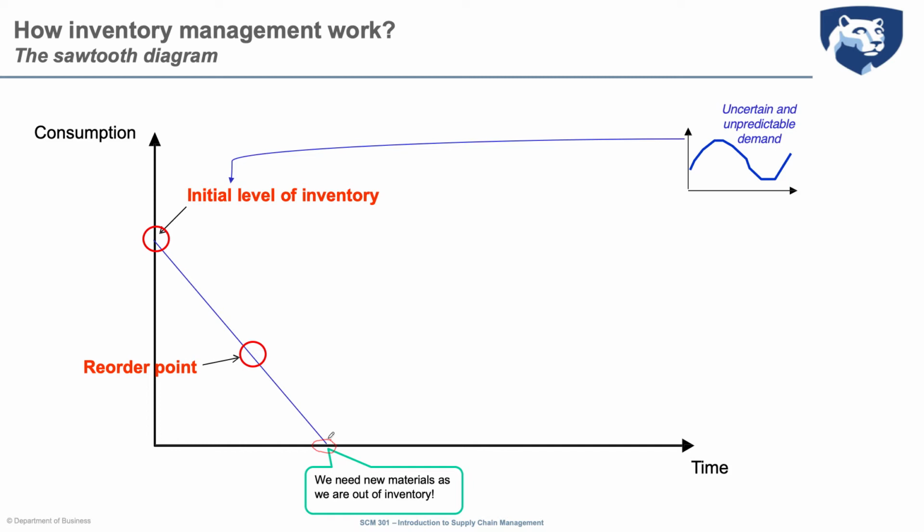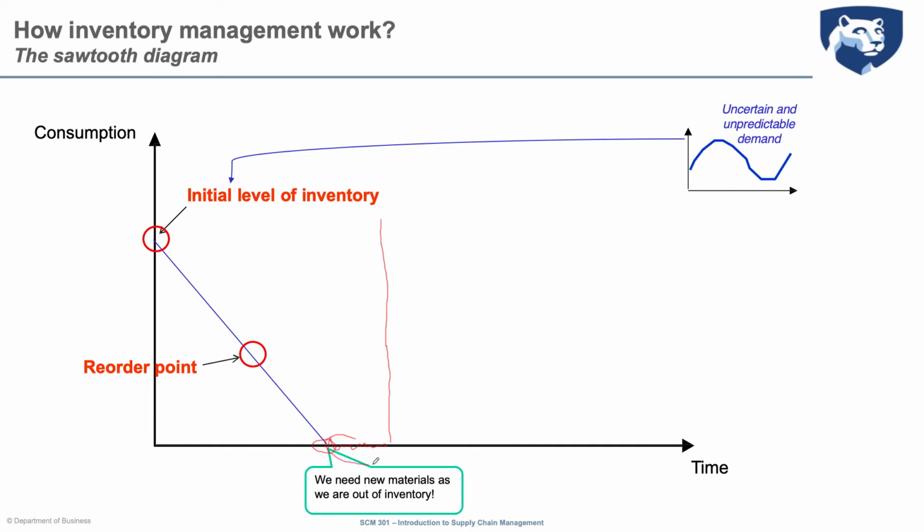There is a certain amount of time, called the replenishment lead time, that my supplier needs to replenish the inventory. So if I wait until the inventory is at 0, of course I need to wait the replenishment lead time, and when the material arrives, I will have my inventory replenished again.